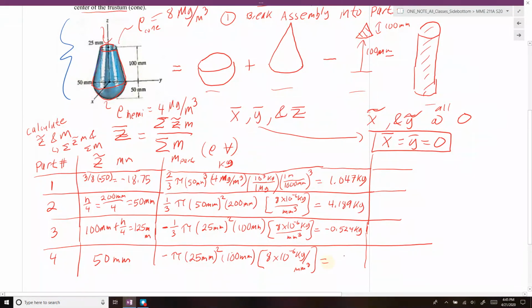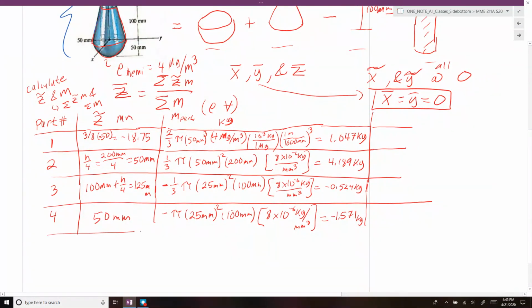Alright, if we multiply all that out, we get minus 1.571 kilograms.